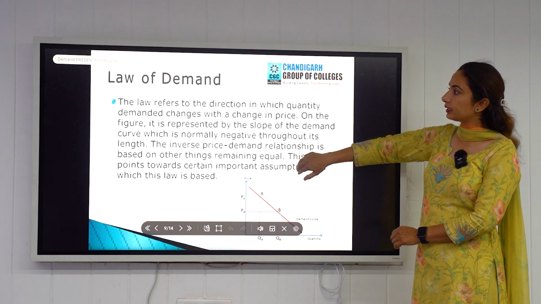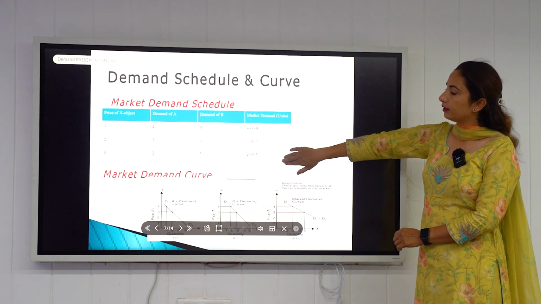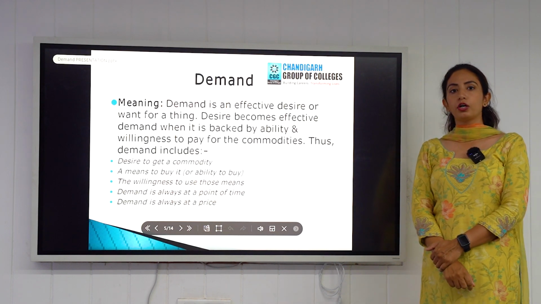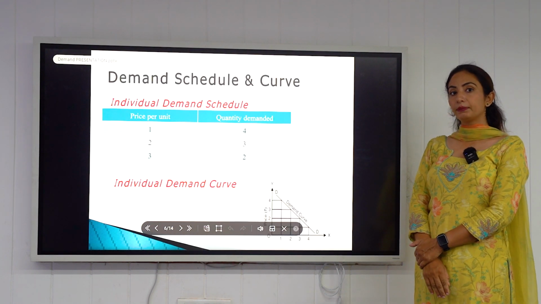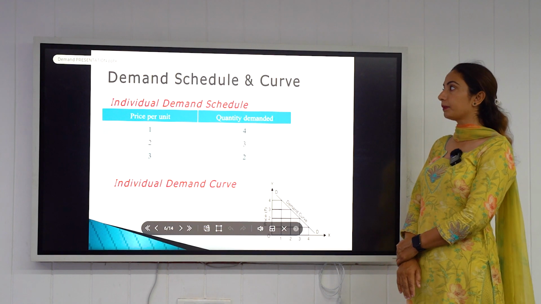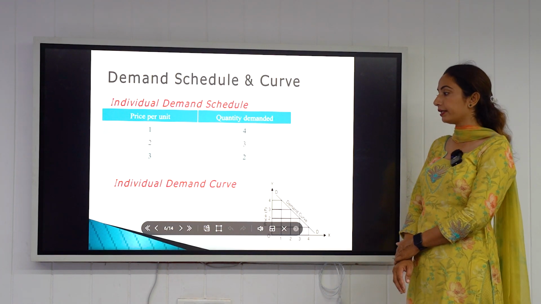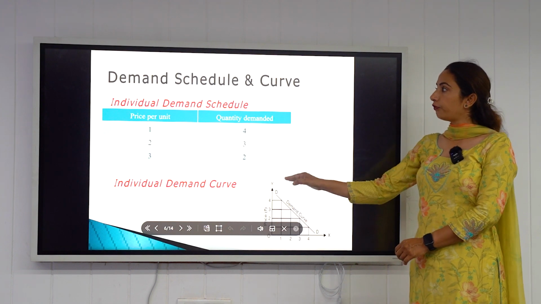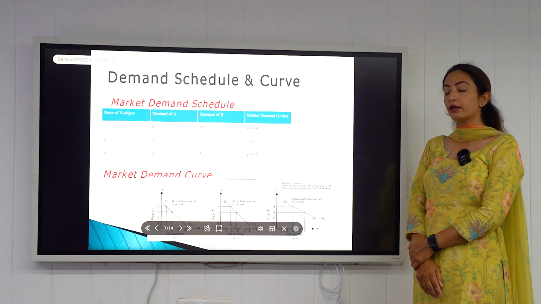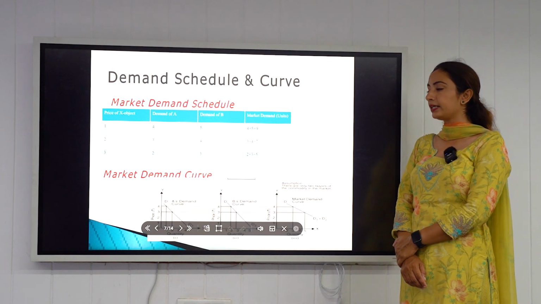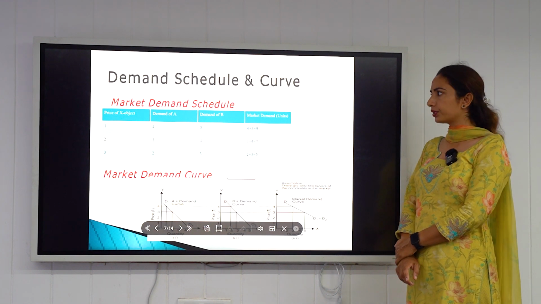So, here are the concepts to begin with. The meaning of demand, followed by the demand schedule and curve, the tabular representation and the graphical representation of the individual demand schedule and individual demand curve, followed by the market demand schedule and market demand curve, again a tabular representation and a graphical representation, a kind of extended version.